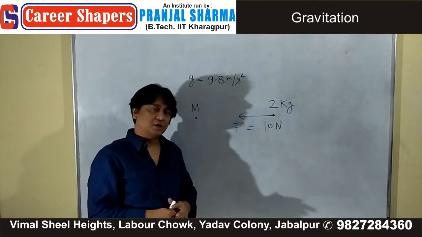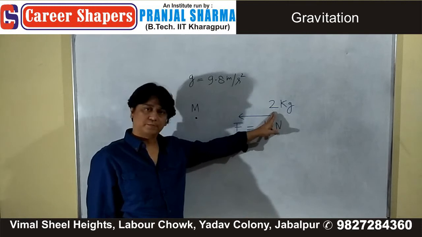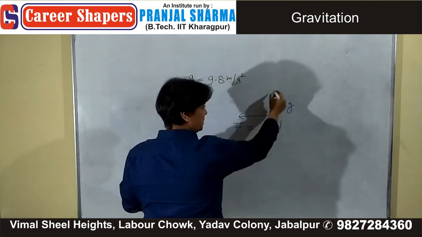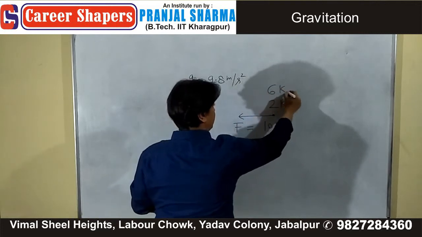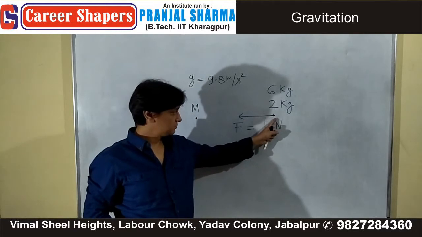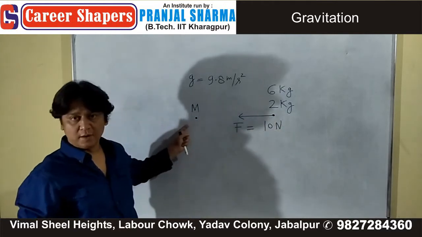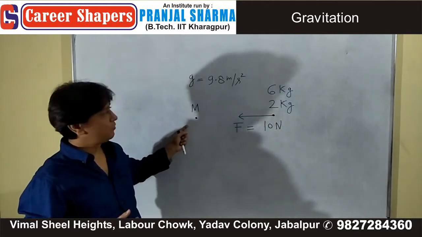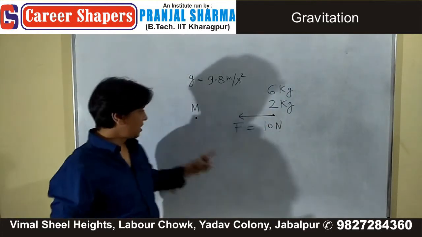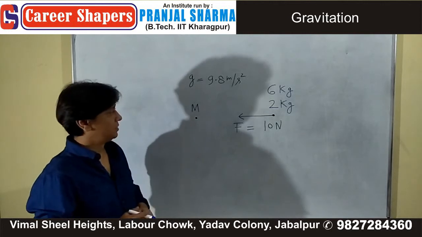But now, if I ask you that instead of 2, if I place 6 kg at the same position with respect to capital M, then what will be the force on 6 kg placed at this point coming from capital M?